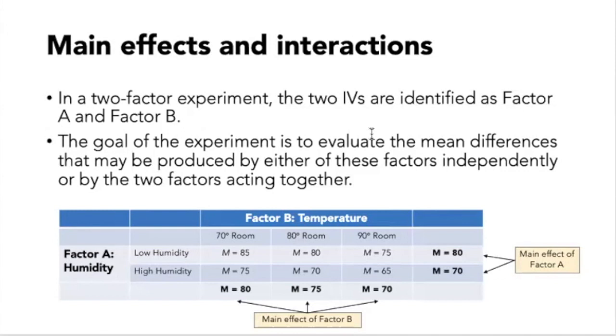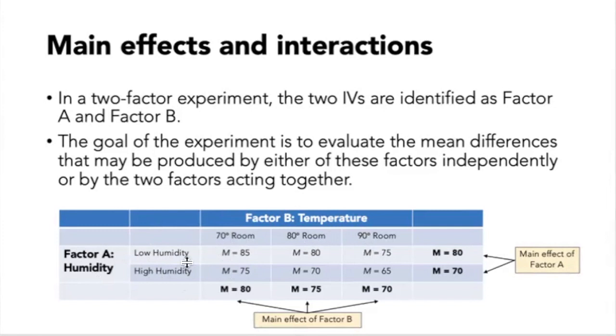Now let's try to understand this. Here we have factor A, humidity. Performance scores are given for the 70-degree room, 80-degree room, and 90-degree room, both for low humidity and high humidity. So we have variations in room temperature and humidity.